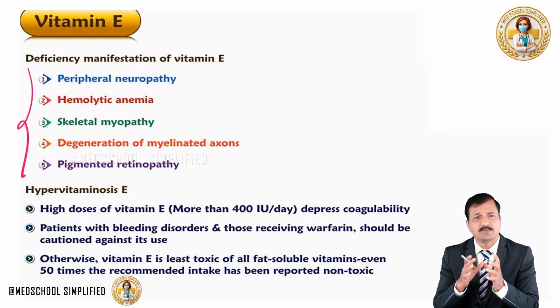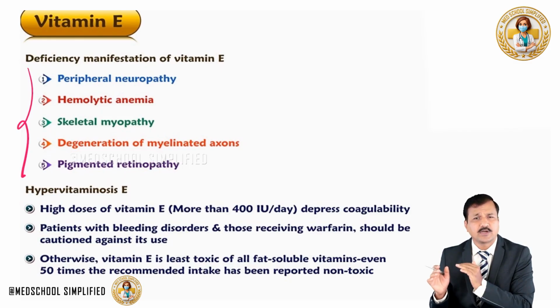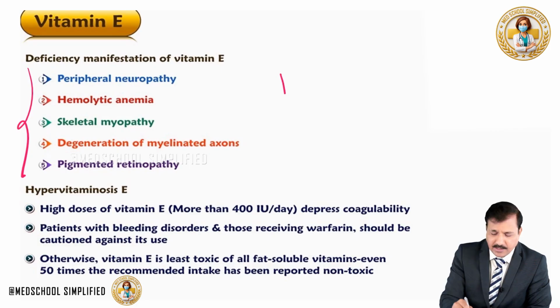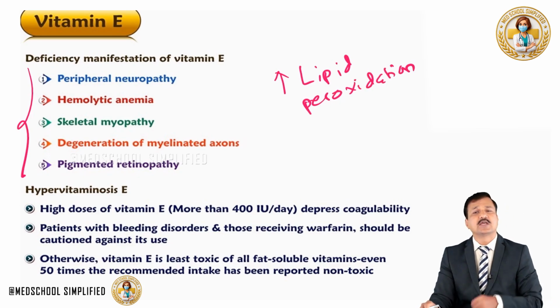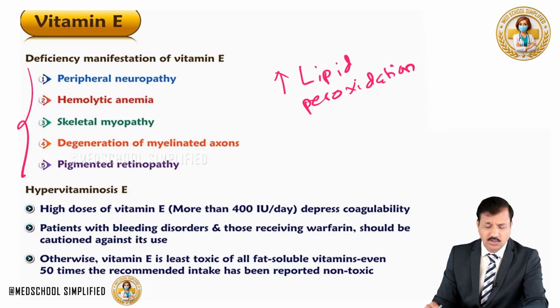So whenever there is a vitamin E deficiency, these cell membranes may not be protected properly, and that may lead to increased lipid peroxidation over these membranes. When lipid peroxidation is increased over different cell membranes, these cells' functions may go down.